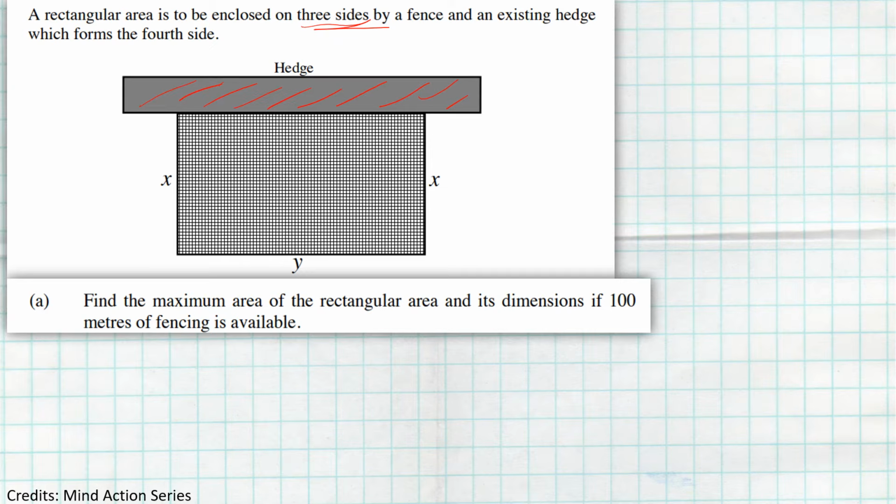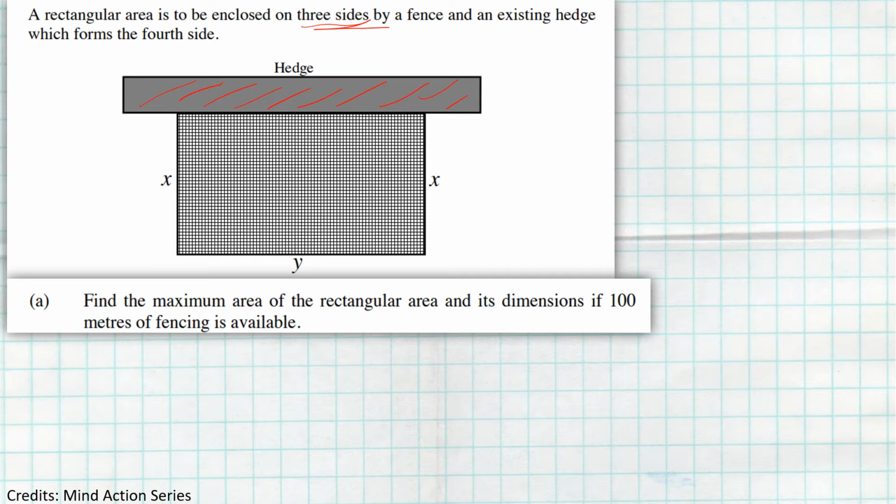It says find the maximum area of the rectangular area and its dimensions if 100 meters of fencing is available. So they have a total of 100 meters of fence, and they want to know the maximum area that it can cover.